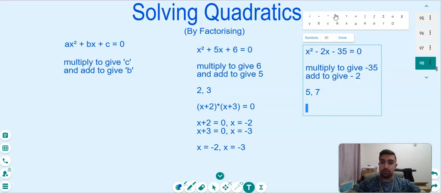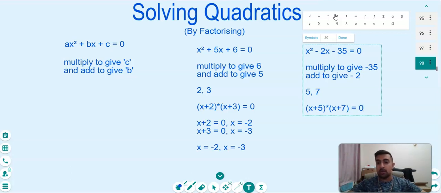Right. So now what we do is we put this in brackets. So we have x plus 5 multiplied by x plus 7. And at this point, because we have minuses in our question, we know that some of our numbers, i.e. the 5 or the 7, will be a minus. And what we need to do is figure out which one.